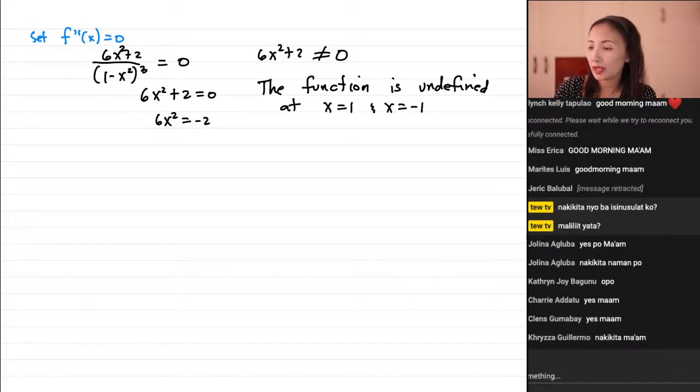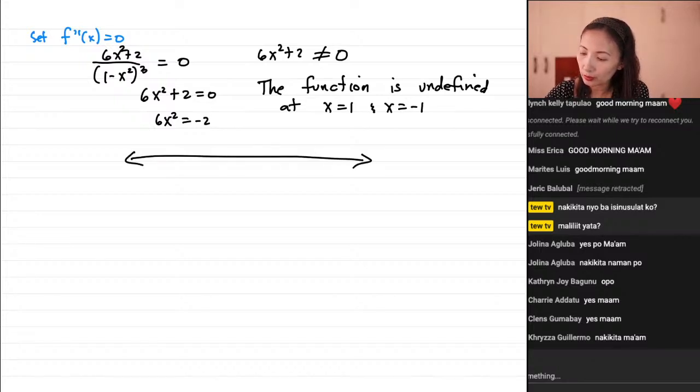So our intervals will simply be negative infinity to negative 1, negative 1 to 1, and 1 to positive infinity.